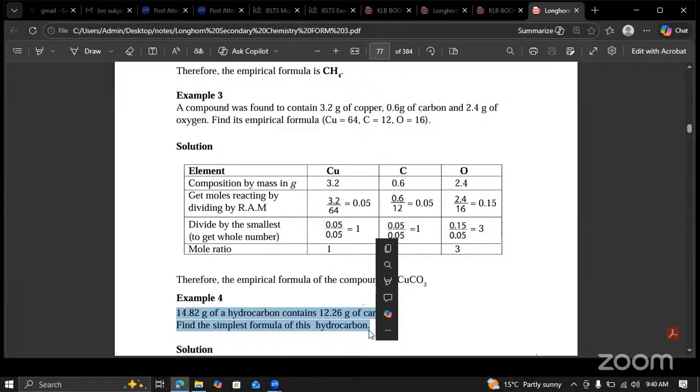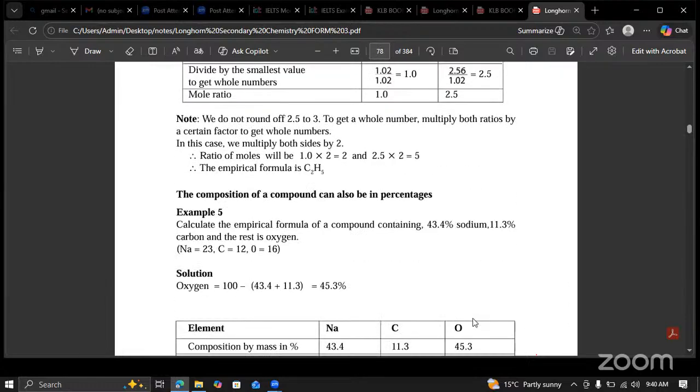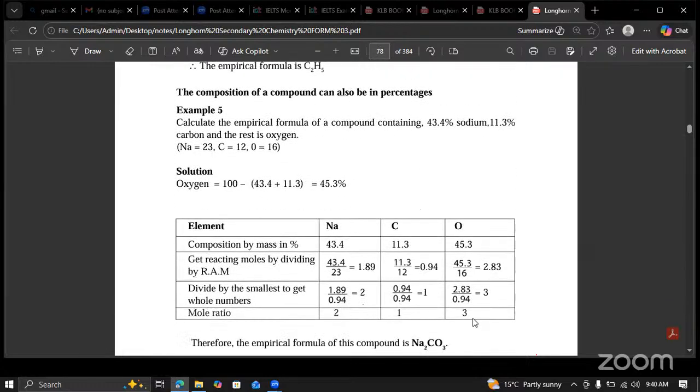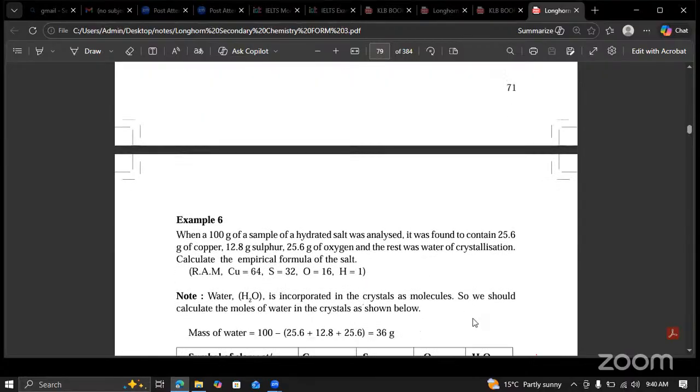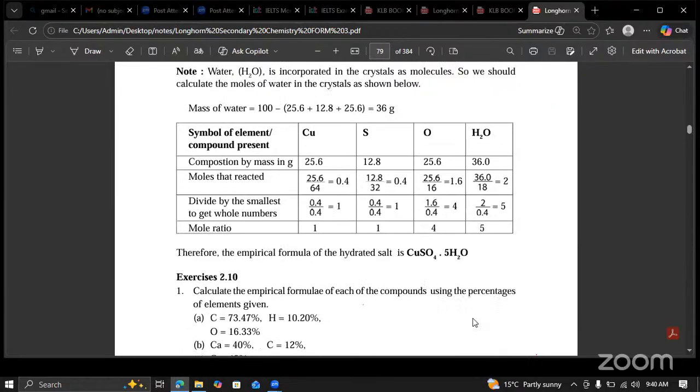Are you done with this question? Because I want to copy something else. Yes, so you do that one. I'm not doing that one. I'm leaving that one for you. But I want the answer. There's something else. I wanted you to copy that question. I think it is this one. Yeah, it is this one.